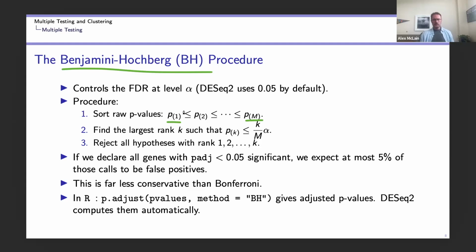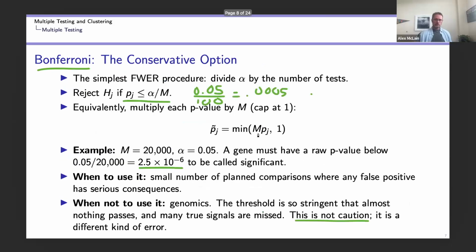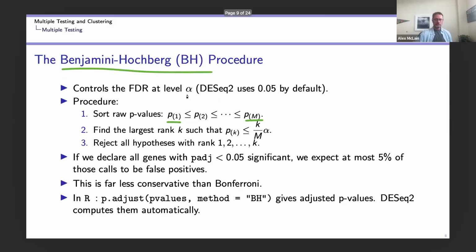So the smallest p-value we compare to the Bonferroni alpha, 1 over m times alpha, or alpha over m. So the minimum p-value is compared to the same threshold that we use in the Bonferroni.